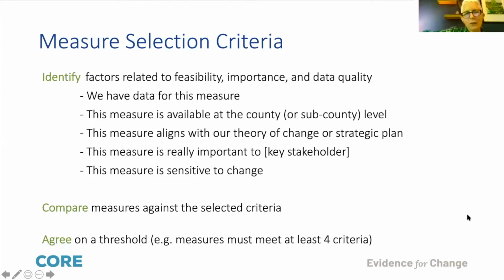So you think through some criteria that are important to you, and then you compare the measures you have available against those criteria. Depending on how formal this process is, if you do it as part of a group, you can say collectively, all right, all the measures we pick have to meet at least X number, say 4, of the criteria we've picked. And I'm stealing a lot of this from measure development work that's been done in Oregon.